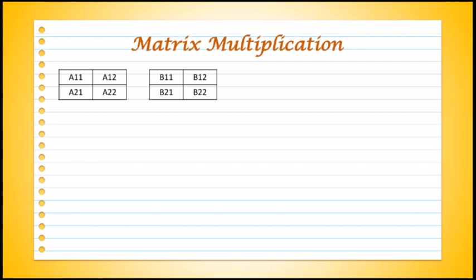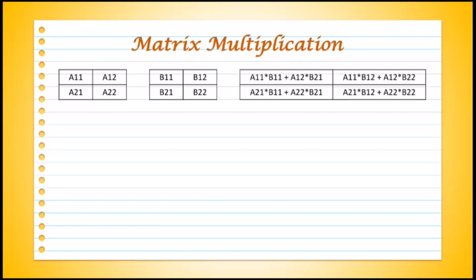To get the first element of the resultant matrix, we have to perform addition as well as multiplication. To get the first element, we have to multiply A11 into B11 plus A12 into B21.